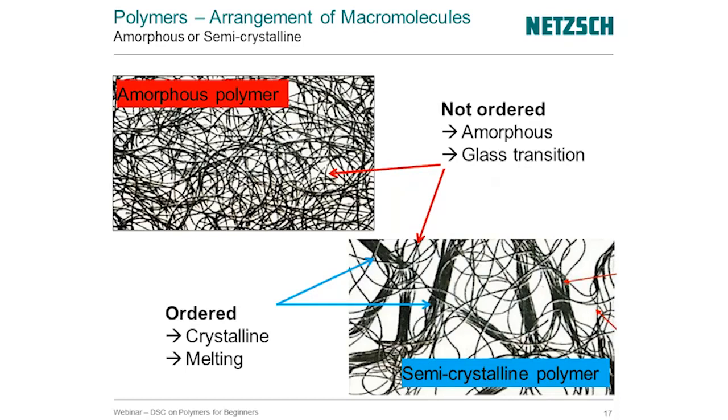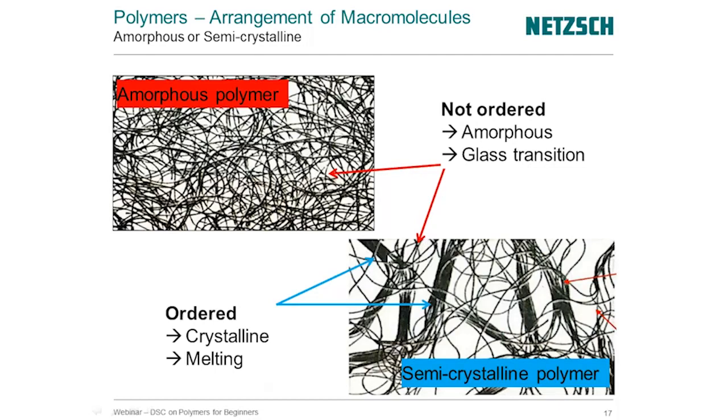And so what we'll see with amorphous polymers by DSC is things like the glass transition, where the material relaxes. But in a semi-crystalline polymer, there are going to be two domains. Some of the amorphous material, like we see up here, is loosely laying around.